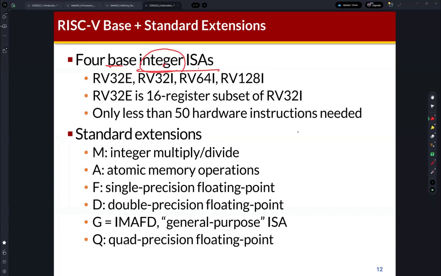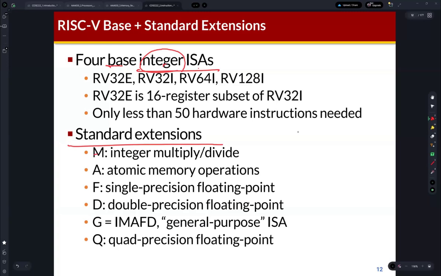And then if we need, we can add some extensions, extended ISA. Like if we require integer multiply or divide instructions, then we can add the M extension. So M means multiply.